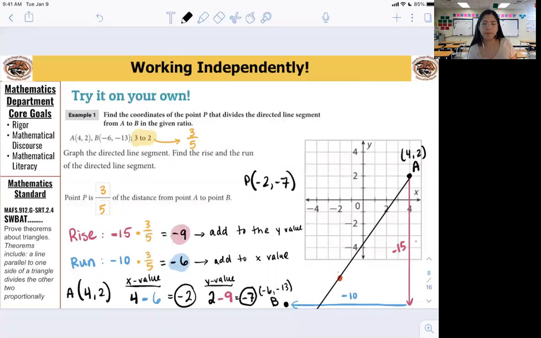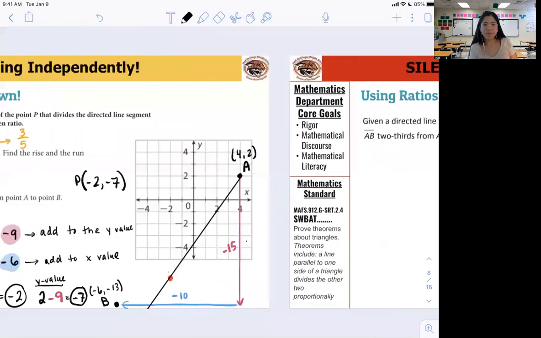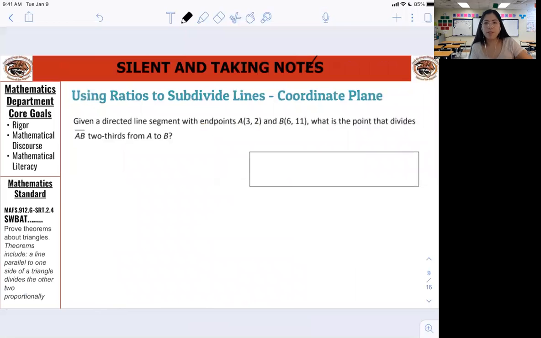So how do we feel now? A little bit better, a little bit smarter? Okay, I'll take that. All right. Well, how do we feel about doing this without a graph?